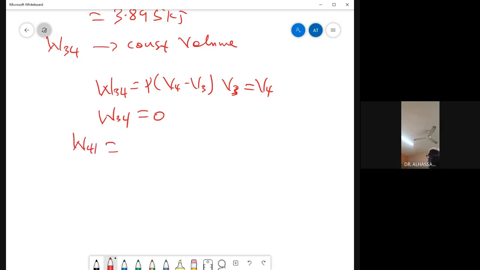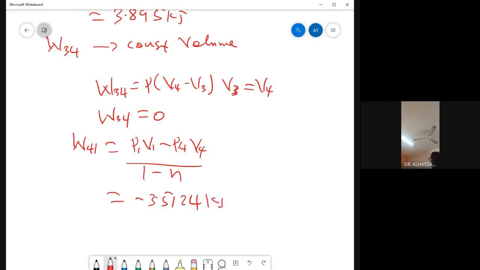W41 is the polytropic process. And that is P1 V1 minus P4 V4 all divided by 1 minus N. If you substitute everything, you have minus 3.5124 kilojoules.